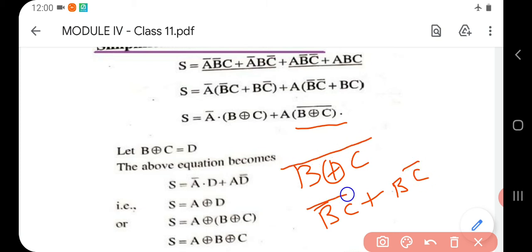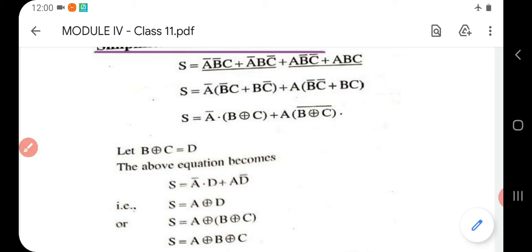We have to put a whole bar here also, so that will be B bar the whole bar, so it will be B C bar plus B bar C. See, same thing comes here. Okay, so we are taking the whole complement once again. So that will be B exclusive OR C the whole bar.